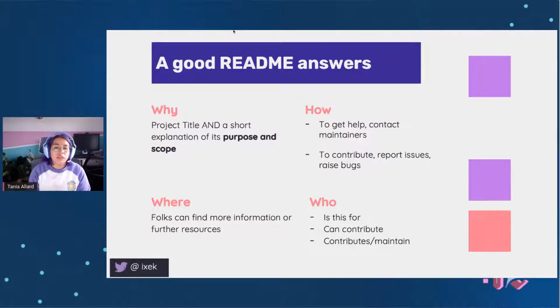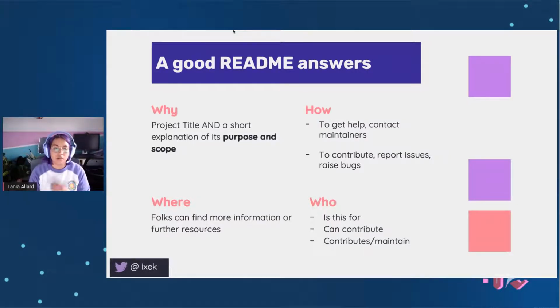Because a good README not only tells you this is the package, I don't know, like eat sandwich or guacamole, and that's it. A good README, or a useful README, answers these four questions. Why? Of course, the project title, what this is about, the purpose and scope.